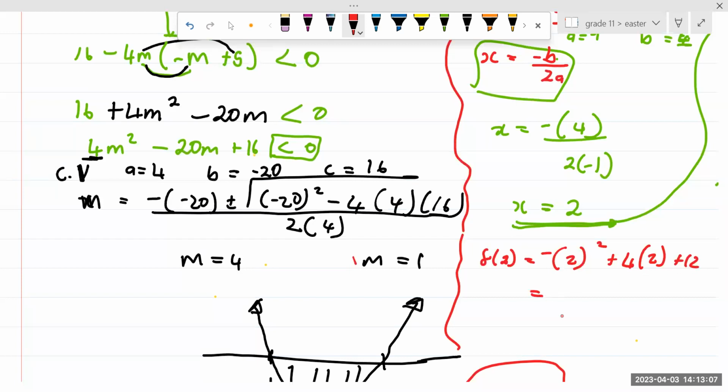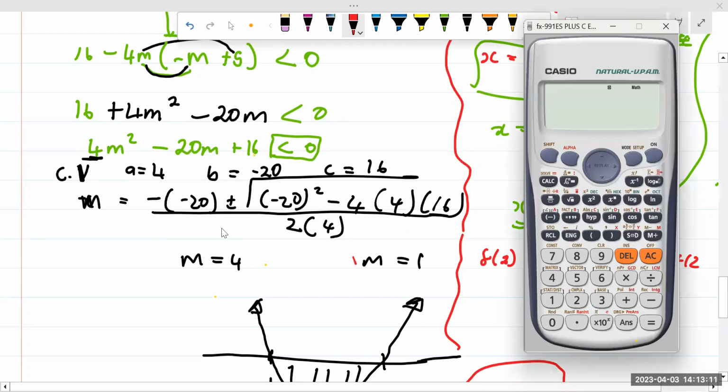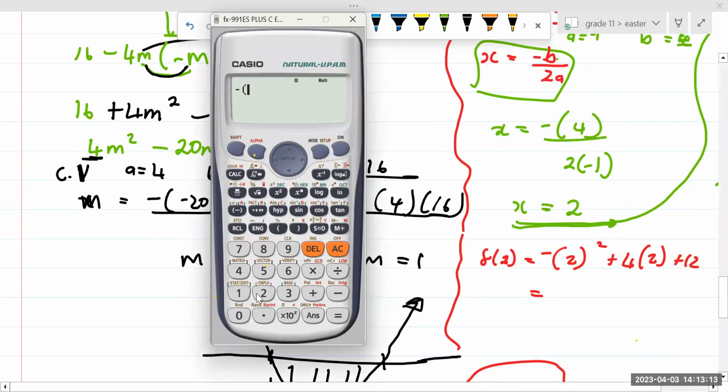This is how you type it in your calculator: minus outside the bracket, then 2 all squared plus 4 multiplied by 2 plus 12. And then it gives us 16.